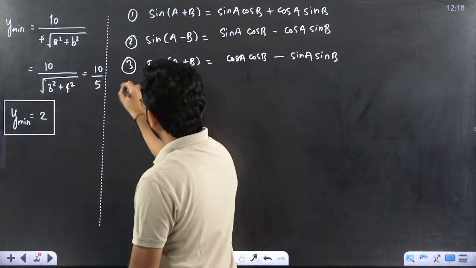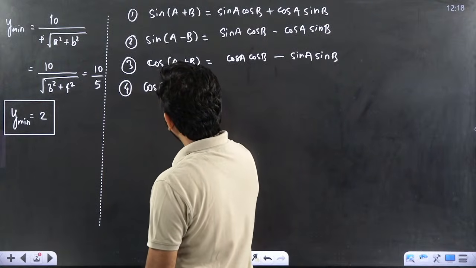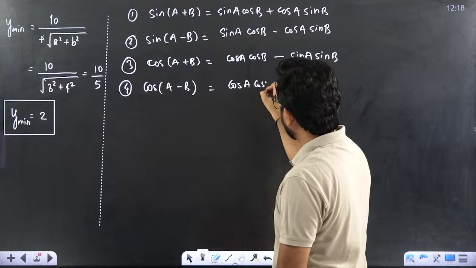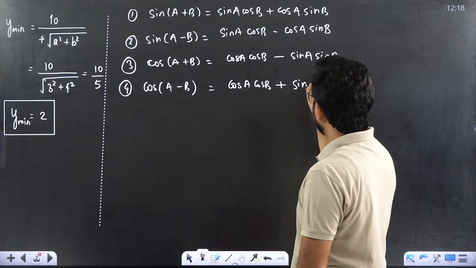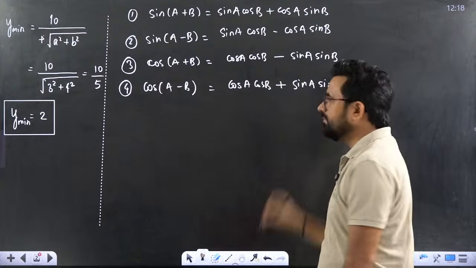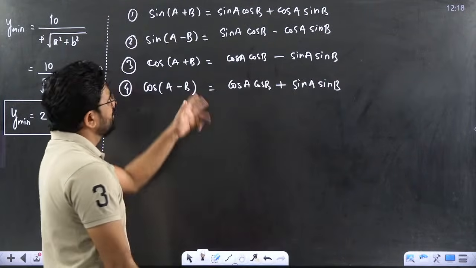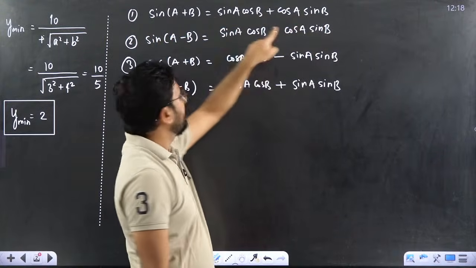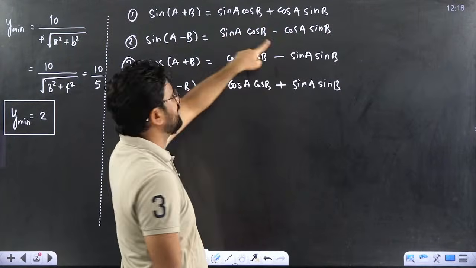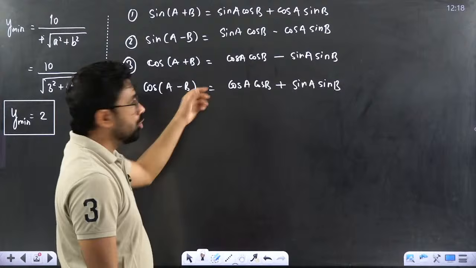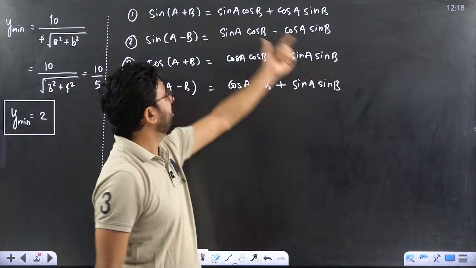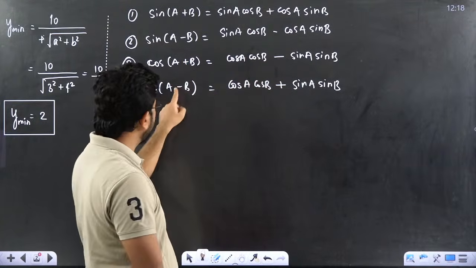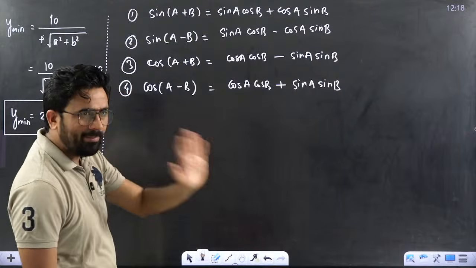Next, the fourth formula, cos of A minus B: cos A cos B plus sin A sin B. Remember one thing here: in the sine formulas, sine and cos both terms come, and here it is plus, then it is also plus, it is minus. But in the cos formulas, cos all together, sine all together, mixed coming. But here it is plus, then minus, then plus. You have to remember this part.